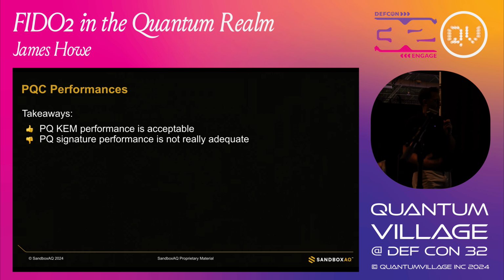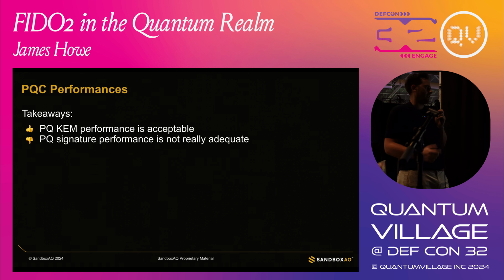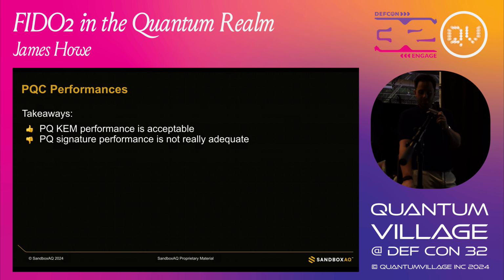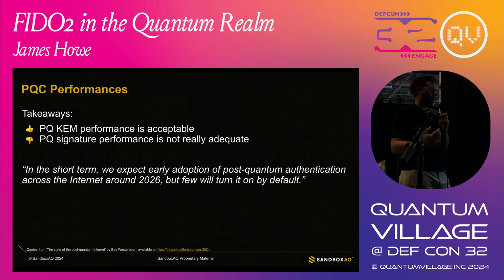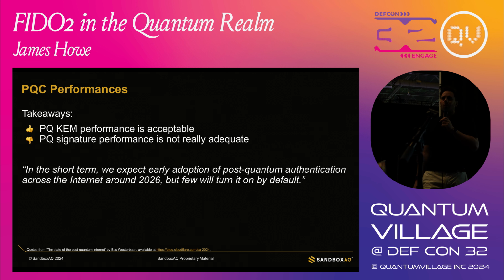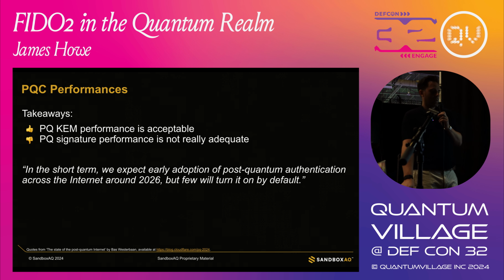So in terms of takeaways, post-quantum KEM performance is acceptable, signatures it's not really adequate. And they go on to say that in terms of authentication, they don't really expect an uptake in post-quantum authentication until around 2026, and not many people will actually turn it on by default.